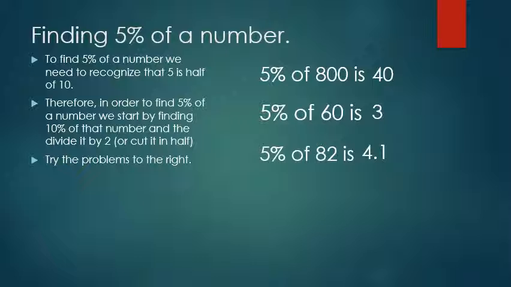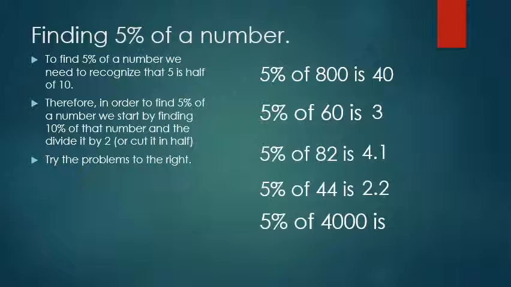So half of 8.2 is 4.1. 5% of 44 is 2.2. So 10% of 44 would be 4.4, and we cut 4.4 in half and we get 2.2. 5% of 4,000 is 200. 10% of 4,000 would be 400, and half of 400 is 200.